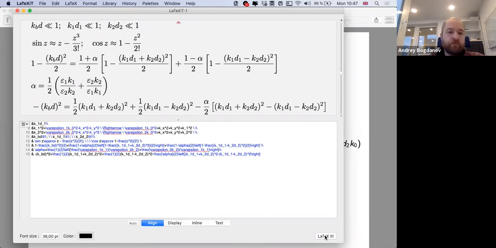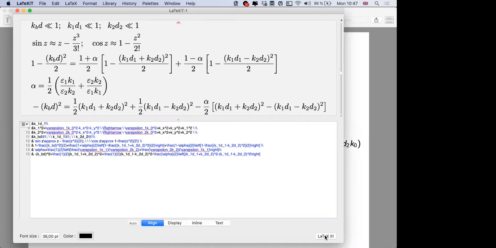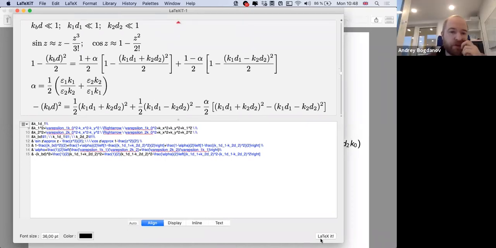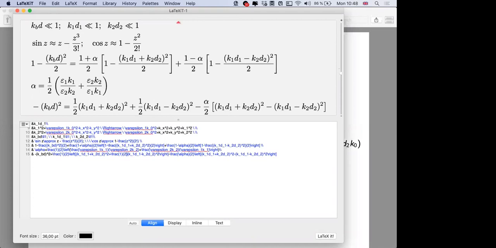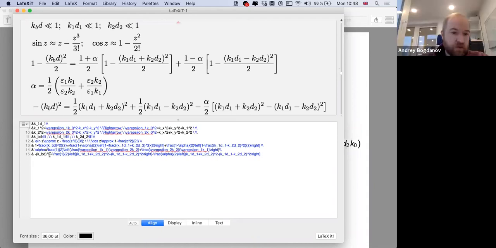Please have a look. Probably I lost minus, yeah? I lost minus in the first here. Okay, maybe let me write left here, right here, and minus here.